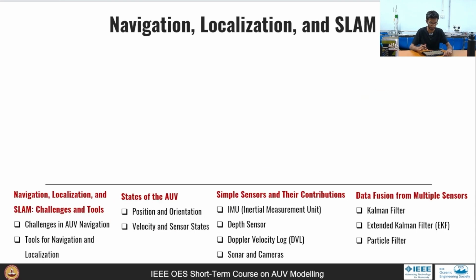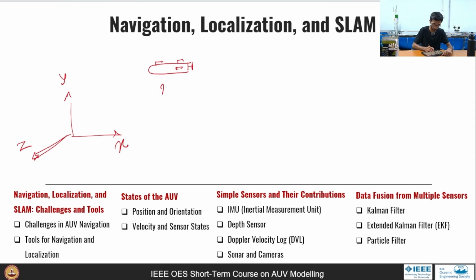Moving on, let's look at the navigation, localization and SLAM module. The goal of the navigation module is to essentially find the position of the AUV with respect to a global reference frame. Consider the AUV as shown here. The AUV needs to locate itself with respect to this global reference frame.